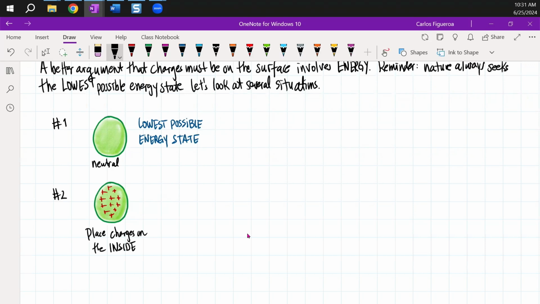Then I'm going to wait to establish electrostatic equilibrium.